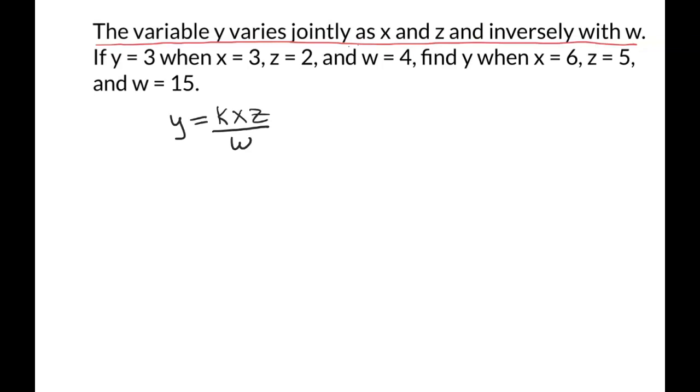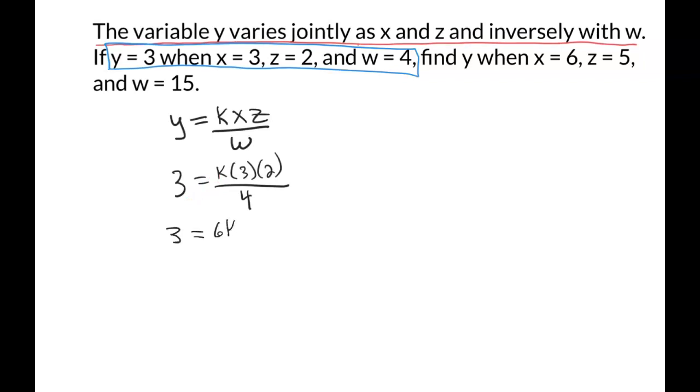Next, I need to look at the complete set of information that I'm given. I'm told the value of y, x, z, and w. So I can put all 4 of those numbers in, so 3 for y, x is 3, z is 2, and w is 4. If I can fill in all the numbers but 1, I can solve for it. So when I solve this, I get 3 equals 6k over 4.